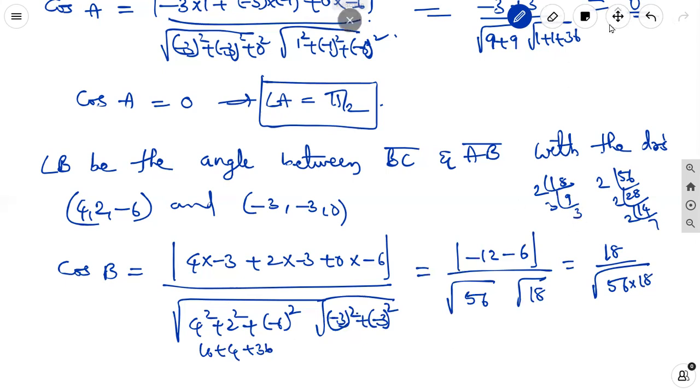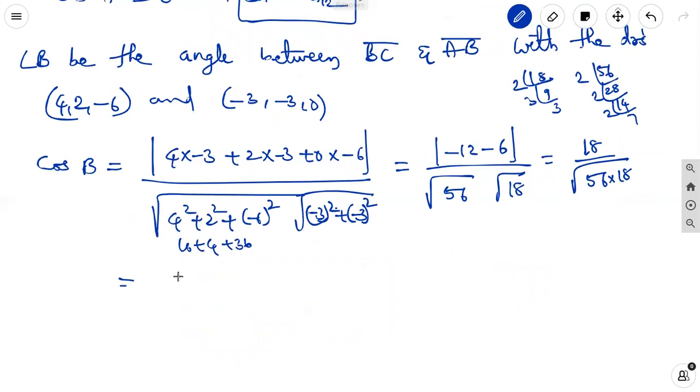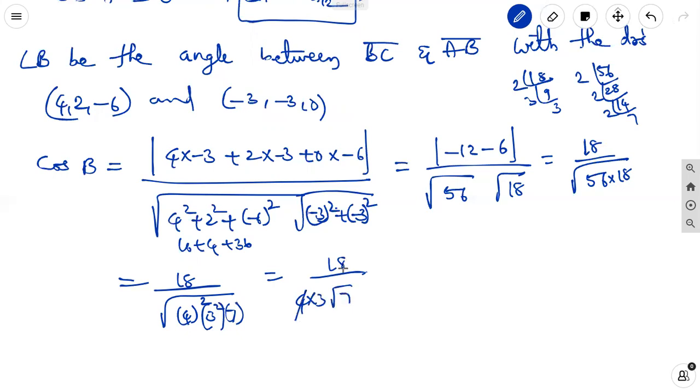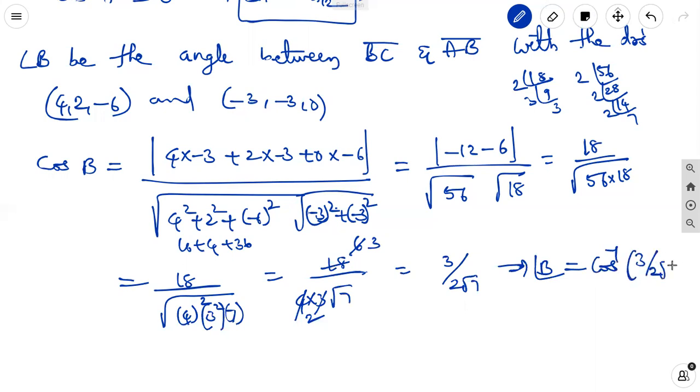So it is equal to 18 by 4 into 3 root 7, which simplifies to 3 by 2 root 7. From this, angle B equal to cos inverse of 3 by 2 root 7.